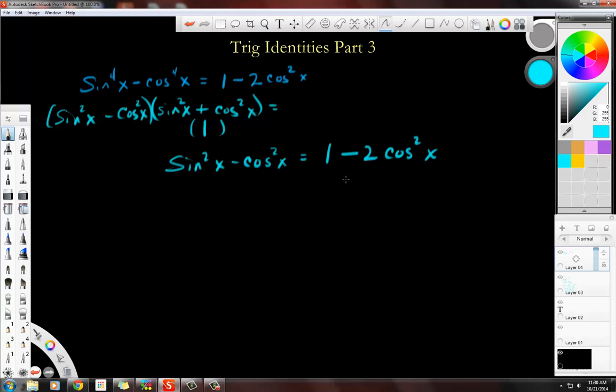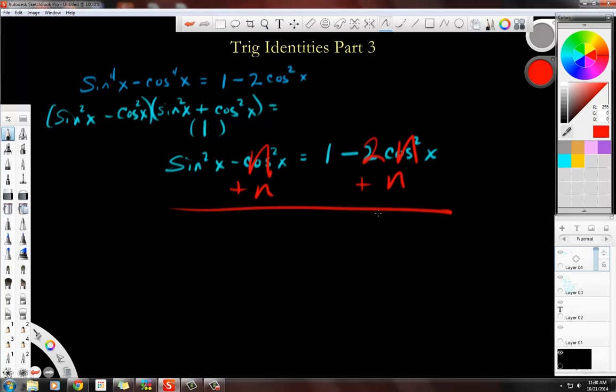Well, now comes a tricky bit, because this is where you need to start thinking about terms like this as just a variable, as if this is, say, n, and this is 2n. And if I add n to both sides, I just get negative n over here, and that cancels.